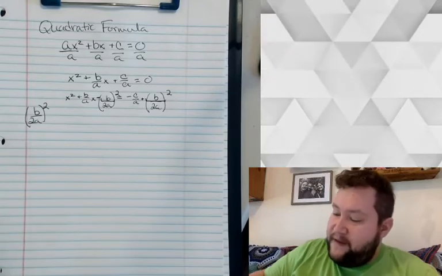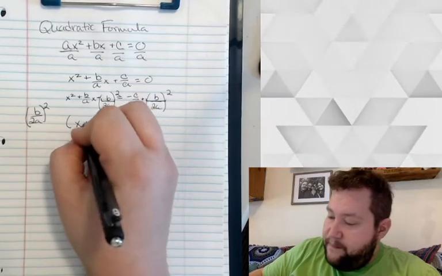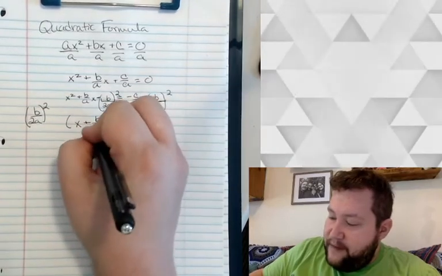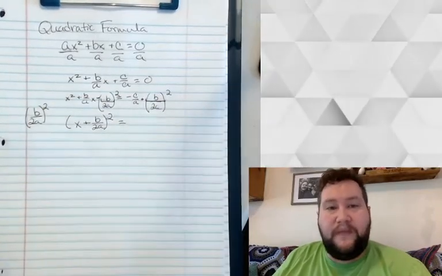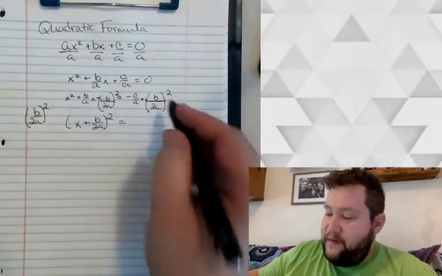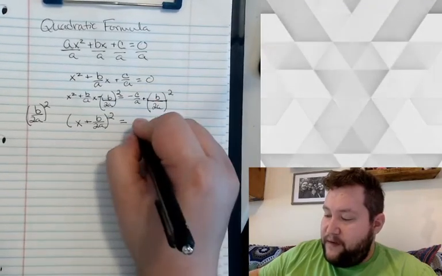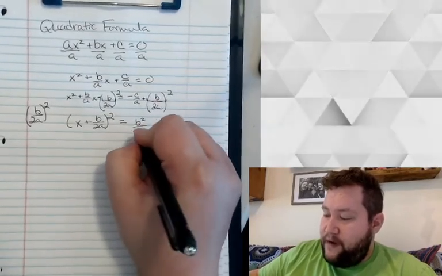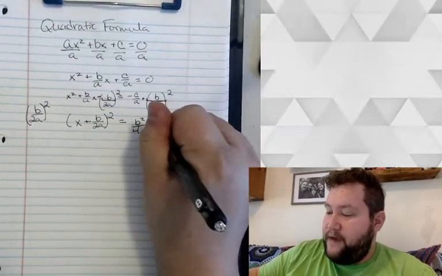And what that means then is this side we can factor as x plus b over 2a squared equals, and I'm actually going to distribute that exponent. So we have b squared over 4a squared minus c over a.